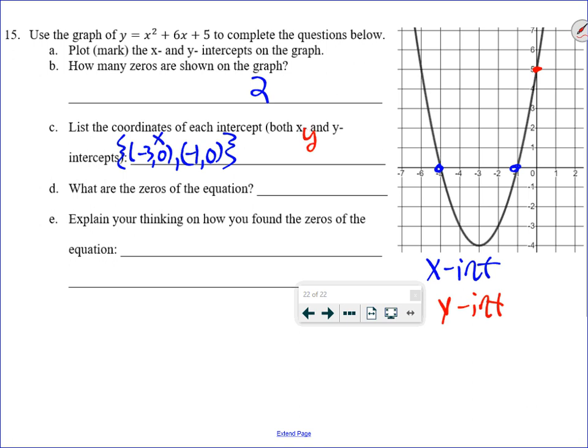And the y-intercept is 0, 5. So the zeros of the equation are -3 and -1. And the zeros are the x values of the x-intercepts.